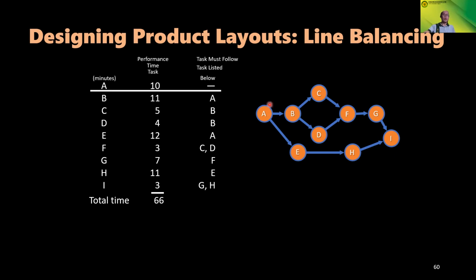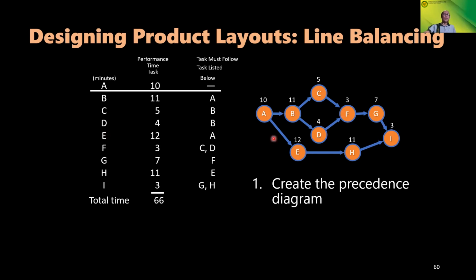So example, starts with A is being followed by B and E. A has 10 minutes, B has 11 minutes, and E has also 12 minutes. C and D, so you can see here, C and D follows task B, while task F follows task C and D as being indicated in this precedence relationship here.